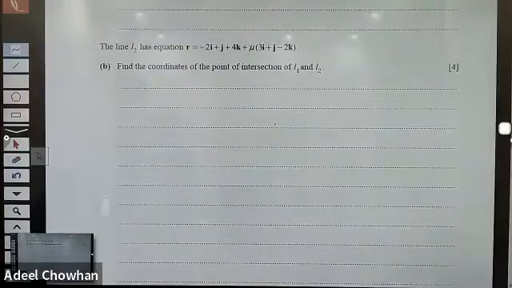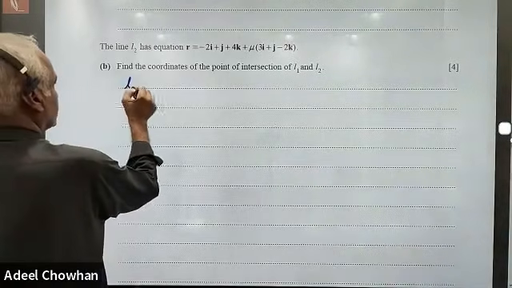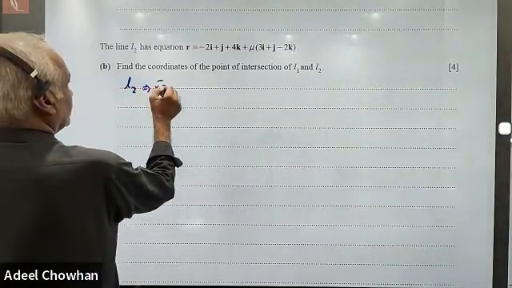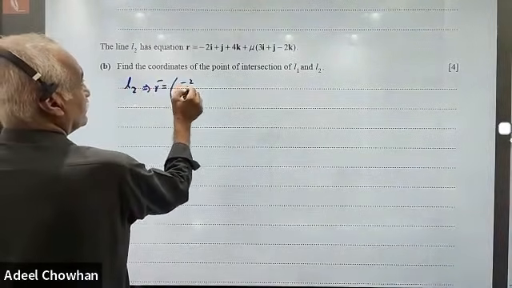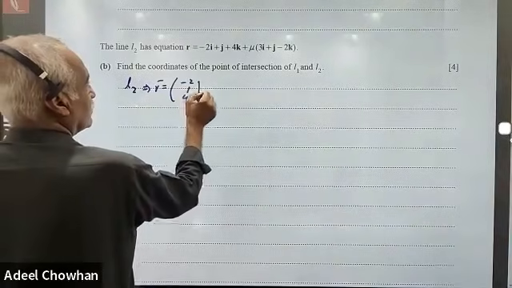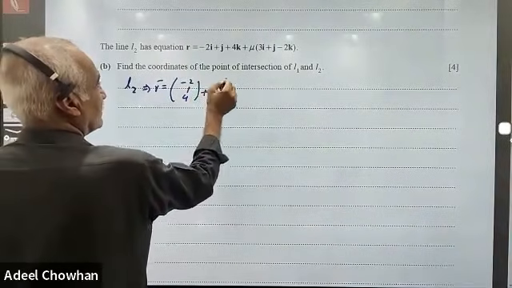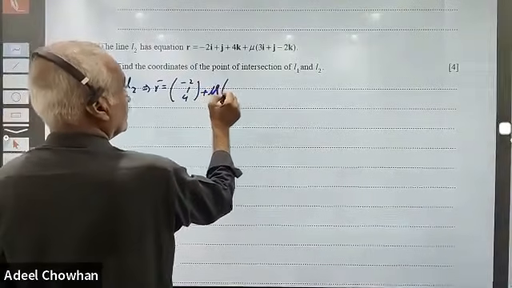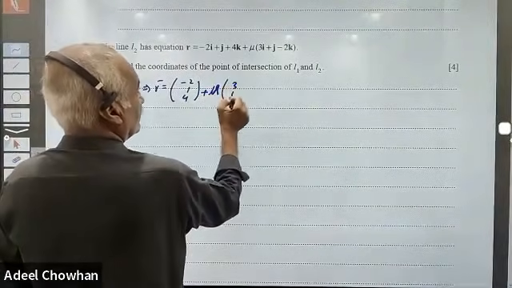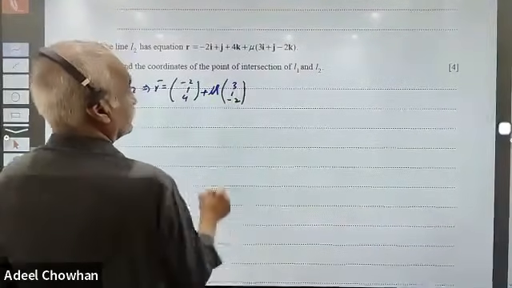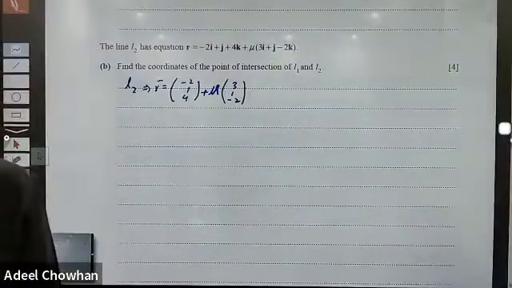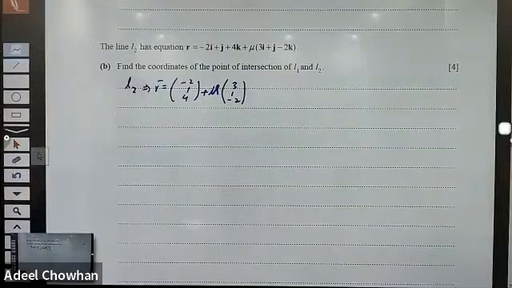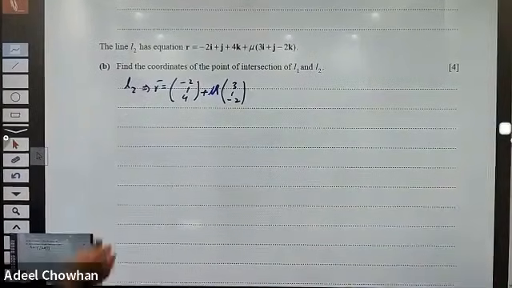So this is the equation of the line through B and C, which is the line L1. The line L2 has an equation r is equal to minus 2, 1, 4 plus mu times 3, 1, minus 2. Find the coordinates of the point of intersection of L1 and L2.